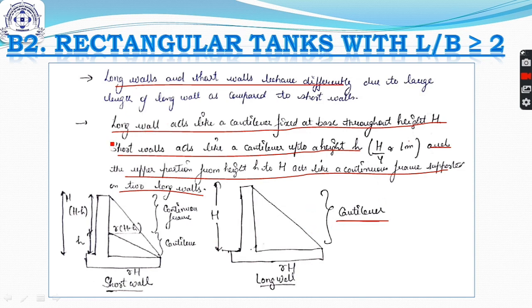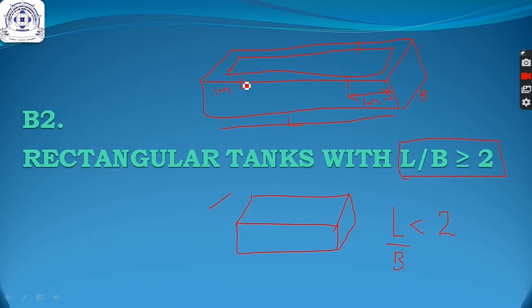And in the short wall, what happens is that the short wall is supported on the long wall from the top edge, as I explained to you here. The only difference is that the short wall is supported on the long walls up to a length of 1 meter only. That is, the end 1 meter portion of the long wall is able to support this short wall here and here also.